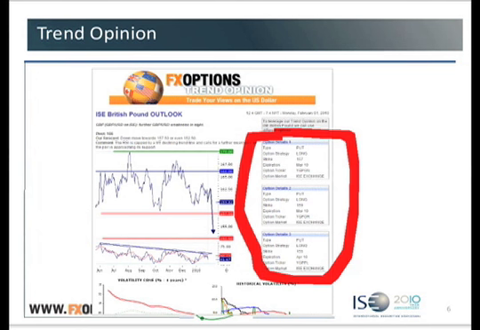The difference between the trade alert and the trend opinion is that in the trend opinion we focus on an interesting technical configuration, but our confidence for the timing is weaker than in the trade alert. That does not mean that you must not trade the options proposed, but the timing is not necessarily the best, as we send the report every Monday.